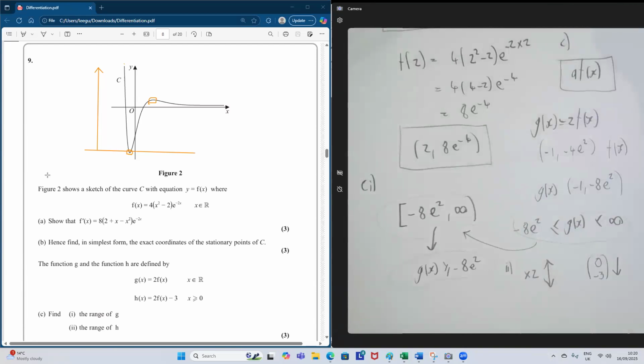Well, we know from part 1 that the coordinate of the turning point after it's been stretched by scale factor 2 is -1, -8. So then when the whole thing gets moved down by 3, we've got to think about where that is going to take us, and what implication that is going to have.